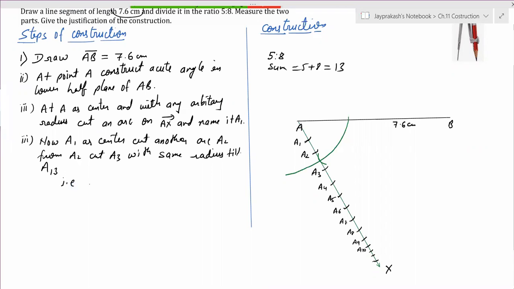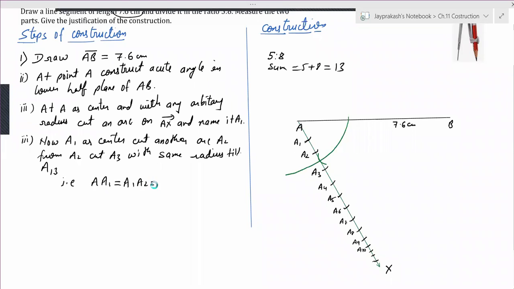It means A1A2 is equal to A2A3, then write here equal dot dot, the last one A12A13.